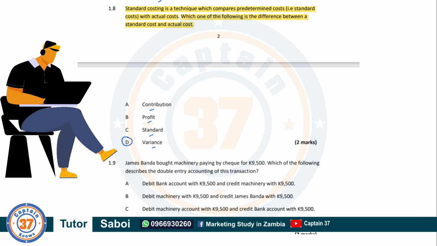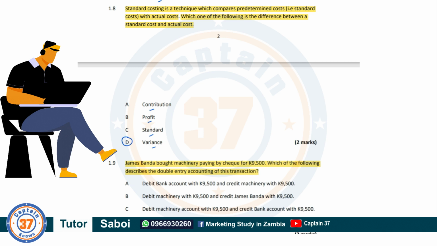Question number 9. James Banda bought machinery paying by check for 9,500. Which of the following describes the double entry accounting of this transaction? James Banda went to buy a machine, but he paid using a check.